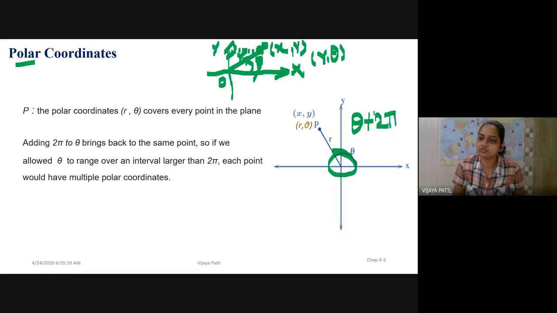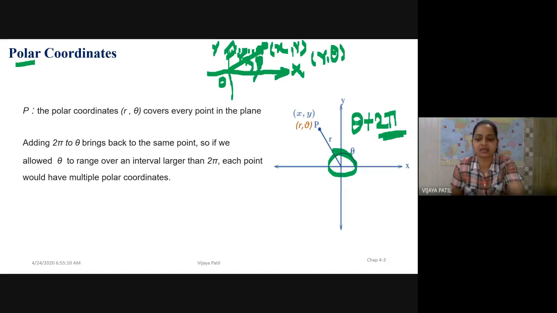If I'm adding this 2 pi, I'm going to come to the same point P in this r and theta plane, right? That means though my theta is different, I'm going to get the same point representation. So the point at theta and the point at theta plus 2 pi will give me the same position.